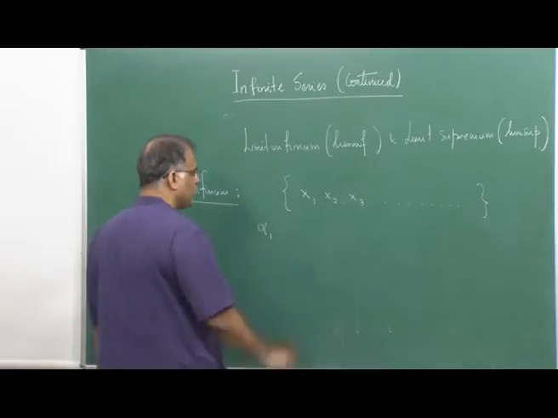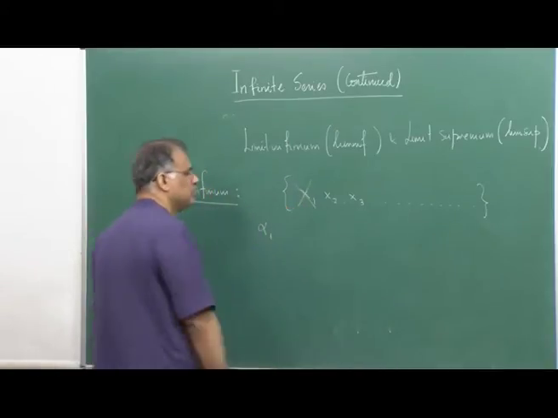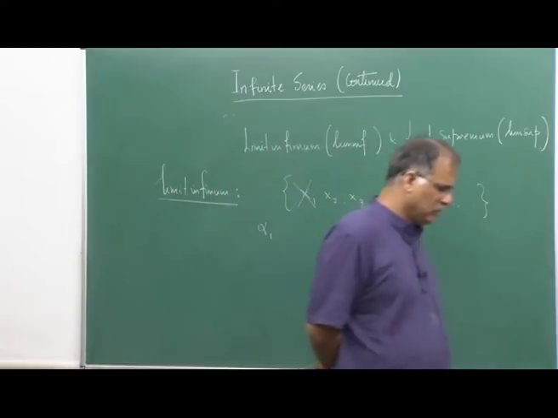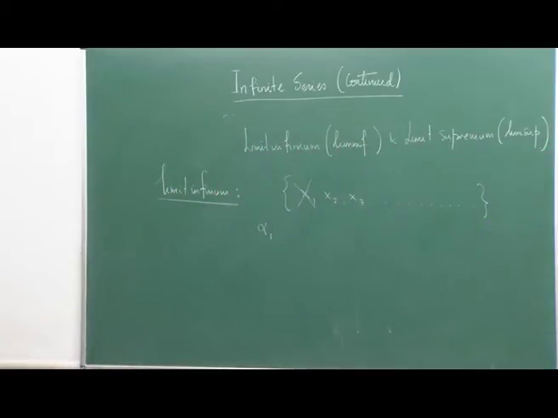Now, I cut x1 from this and I have x2, x3, x4, x5, x6 and so on. Technically it looks like a smaller sequence, but countably it is not, it has the same cardinality, exactly what we have learned. Now, the remaining part of the sequence is x2, x3 and so on.